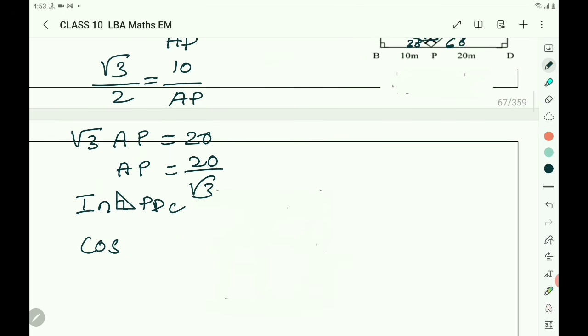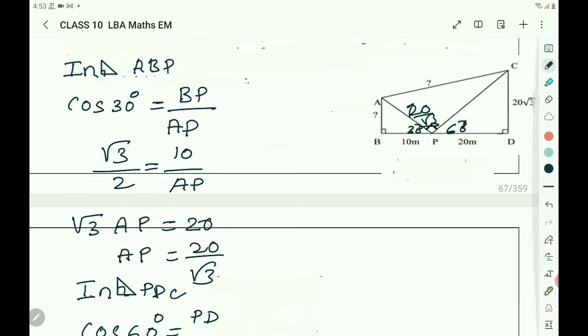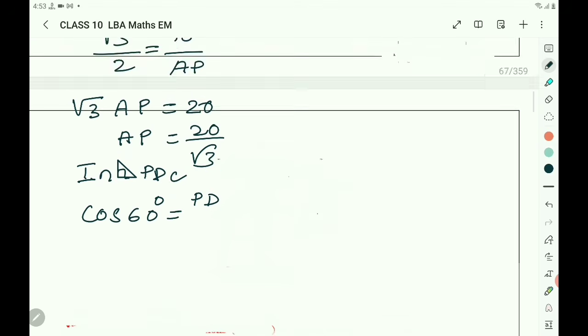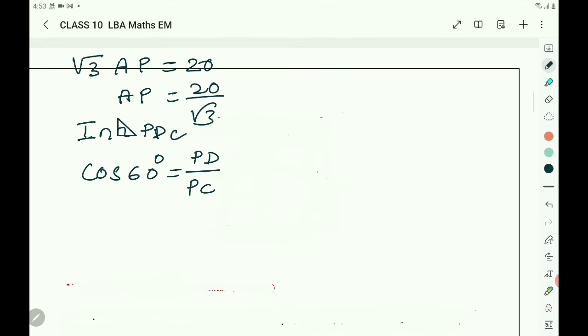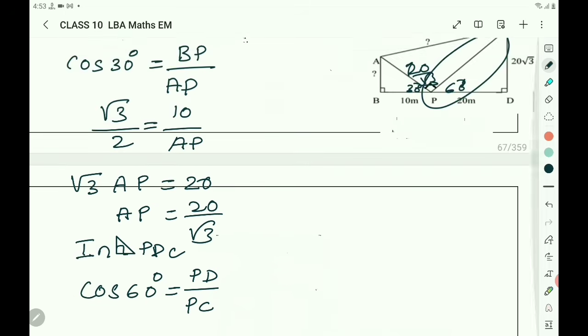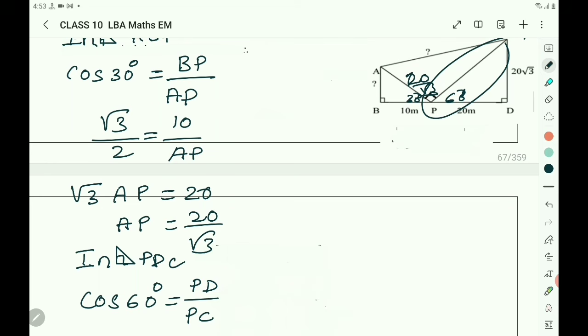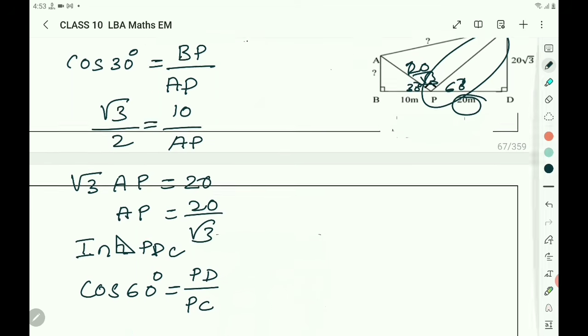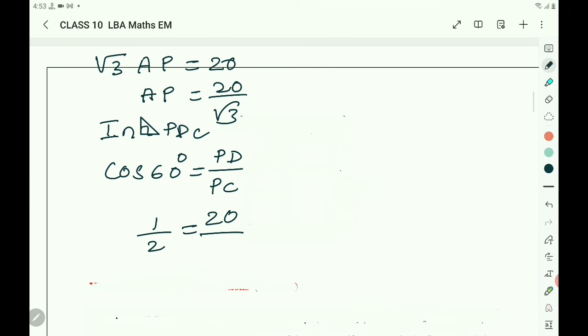Cos 60 degree equals adjacent side PD by hypotenuse PC. Cos 60 is 1 by 2 equals PD is 20. You got 20 by PC. So you got PC is equals to 2 into 20, 40 centimeter.